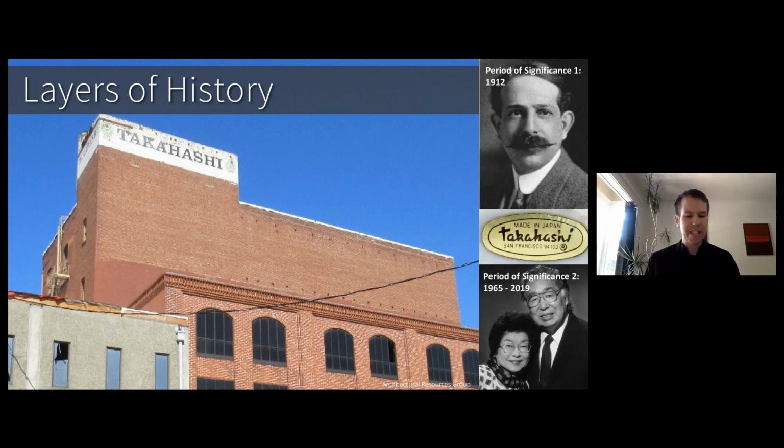The building was thus determined to be eligible for its association with events central to the city's Japanese American community and with the Takahashi family themselves, as well as for its architectural merit. Pending Board of Supervisors approval, the property is now slated to join a very short list of only 3 other landmarks strongly associated with San Francisco's Japanese American community.